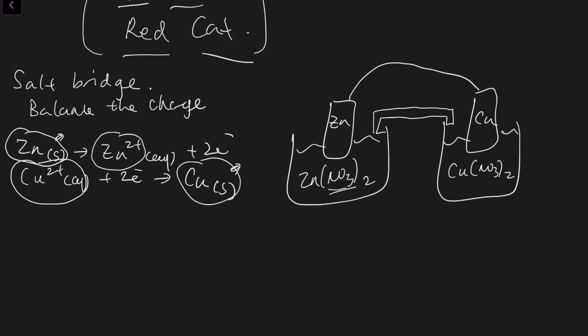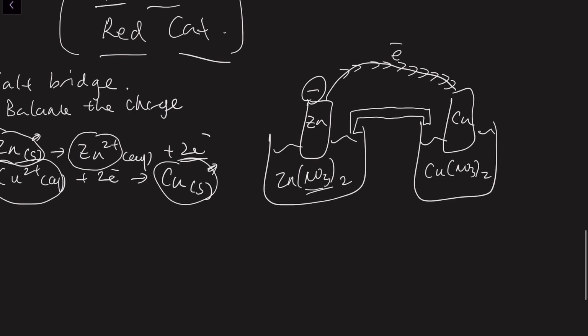And we know that, since I have already told you that zinc is getting oxidized, so the electron would move from the zinc terminal and into the copper terminal. So this is the direction of electron flow. And since the zinc terminal is rejecting electrons, it is negatively charged. And since opposite attracts, if the electron is attracted to the copper terminal, it is positively charged.